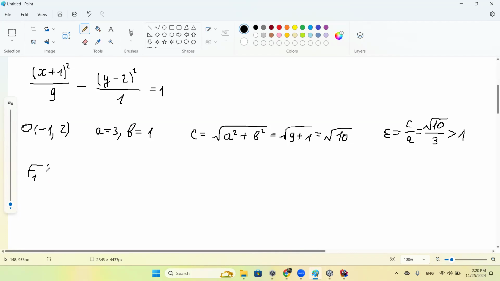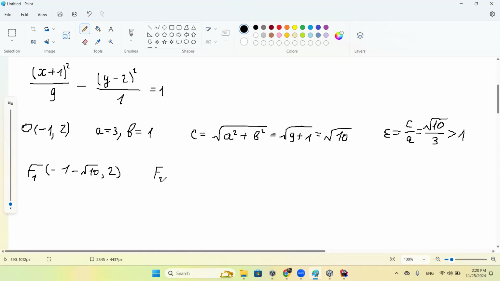F1, so adding minus 1 plus square root of 10. Oh, minus 1 minus square root of 10, and plus 2, yeah, and 2.